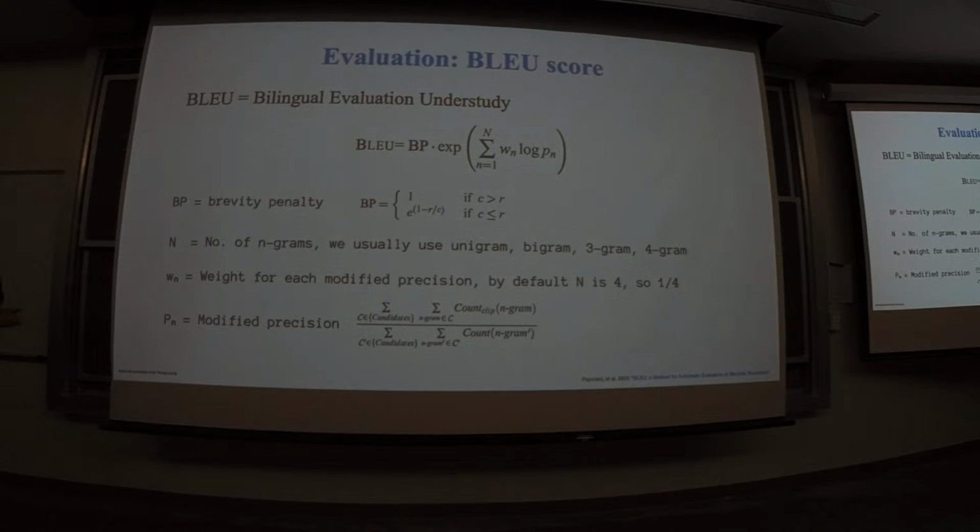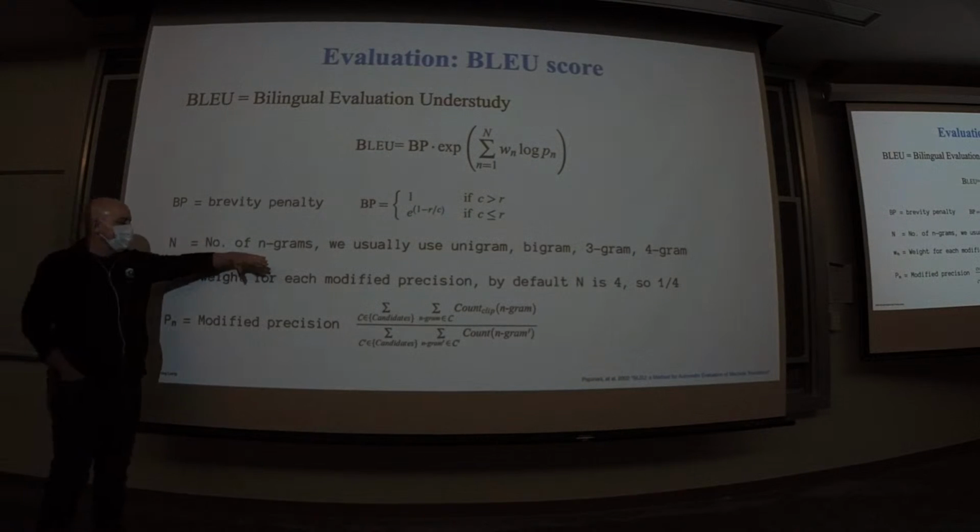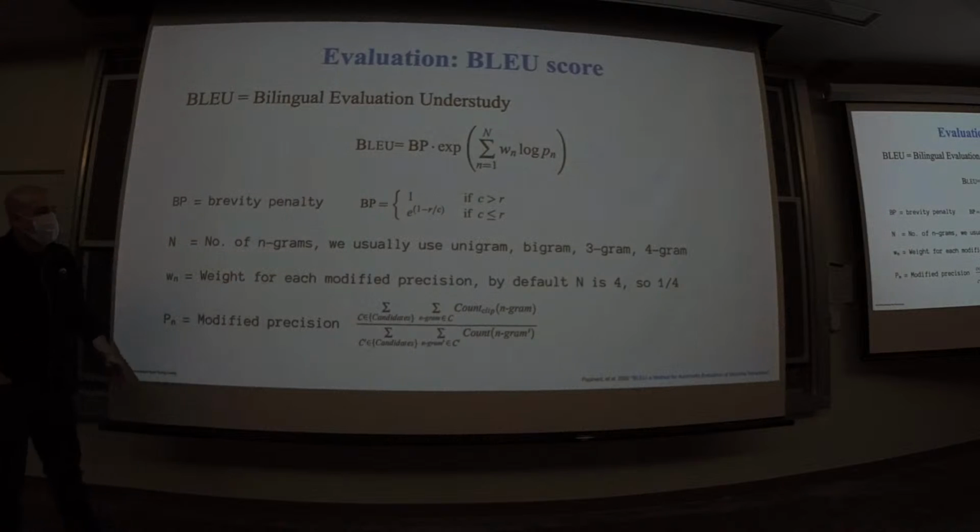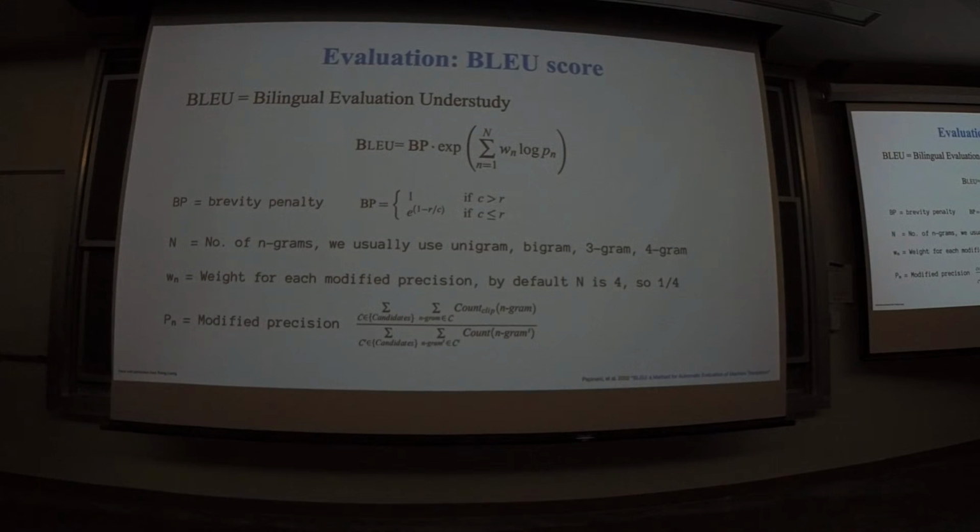The way this is done is to focus on n-grams. N-grams are literally subsequences of tokens in your phrase, where n tells you how many tokens you're taking in a row. A 1-gram, or unigram, would be a single token.